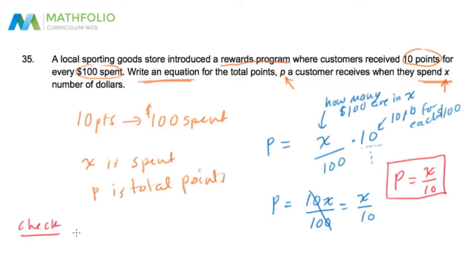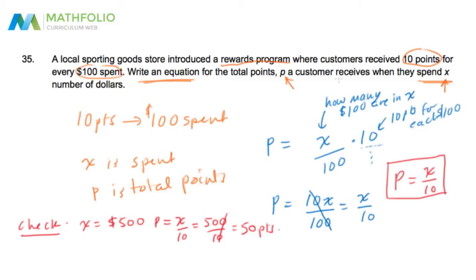And so just as a check, I'm going to do something over here, check. Let's just pretend that x is $500. So if someone spends $500, according to the formula, P equals x over 10, this would equal 500 over 10, and that would give me 50 points. Now let's see if this makes sense logically.